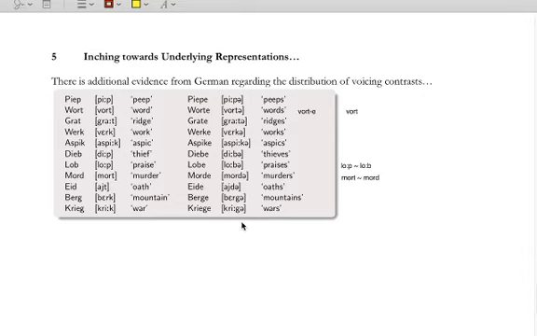You can see this in native German vocabulary by taking a single morpheme, which has a single underlying form in the lexicon, and putting it in different phonological contexts.